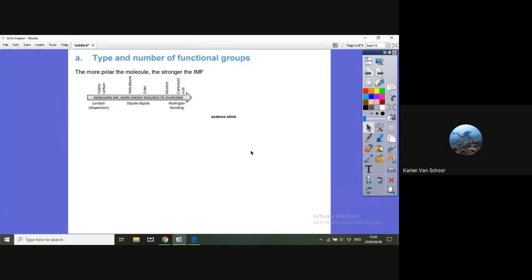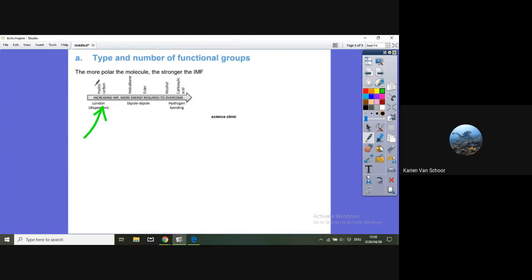So the first thing that we're going to look at is what type of molecules these actually are. You should remember that these are London dispersion forces, or just weak London forces, or you can call it temporary dipole or induced dipole forces, whatever you've been used to calling it.